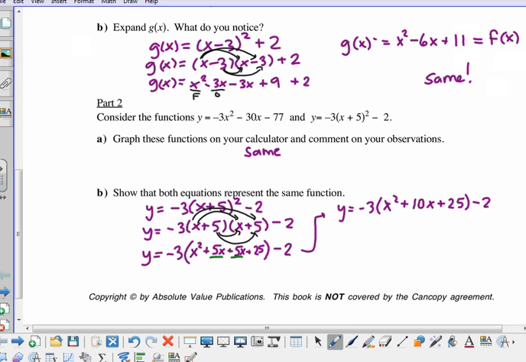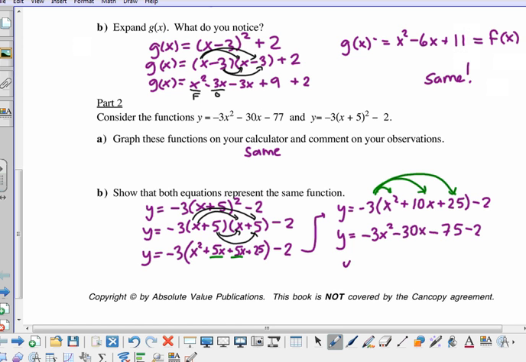And now we can bring in the negative 3. So we have to use distributive law to each one of these. What's negative 3 times x squared? Negative 3x squared minus 30x and then minus 75, but we still have a minus 2.